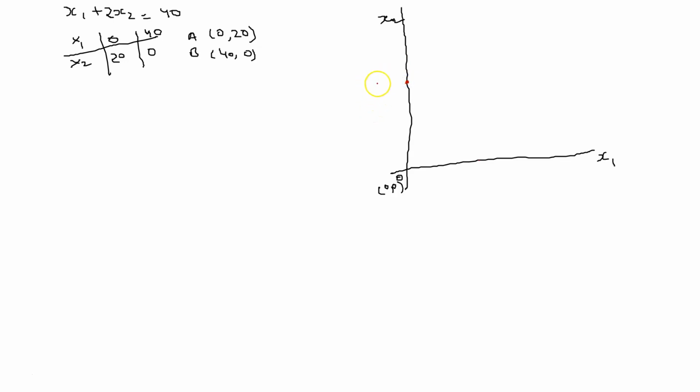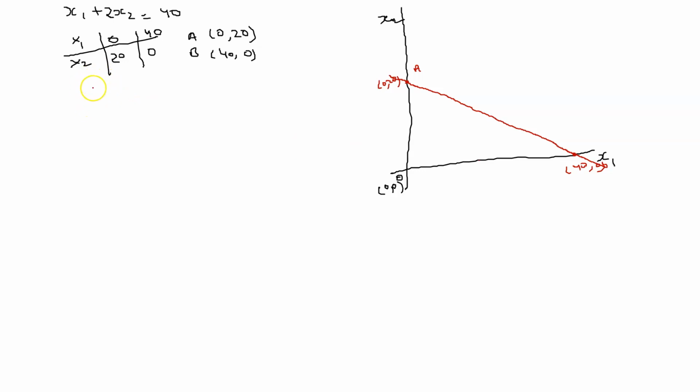This is 0, 20, and this is point A. And let's take this point here, 40, 0, and let's draw this line. So we have drawn this line.